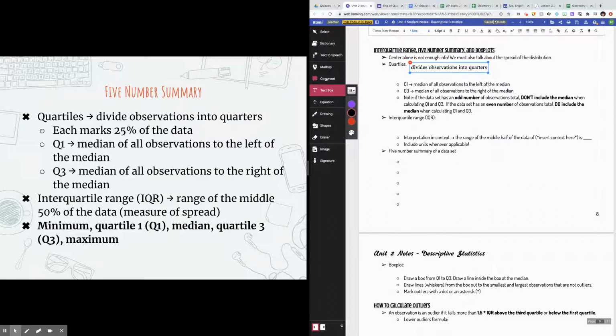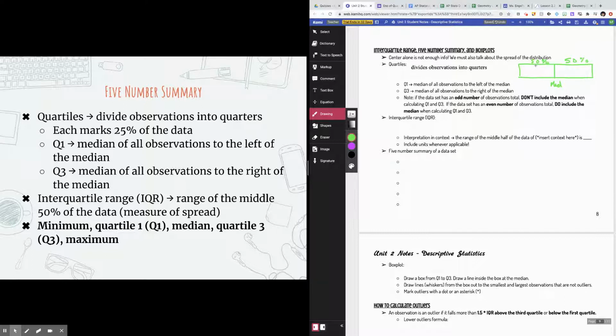So if you think about your entire data set, say all of your data fits in this box right here. The median is literally that middle point where you have 50% on the left, right? Half of the data is below that, and half of the data is above it.